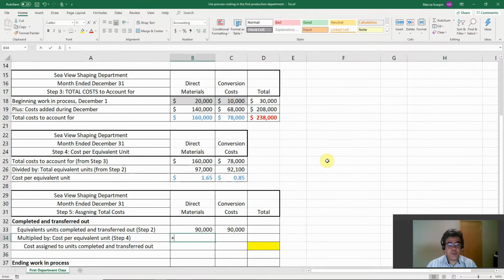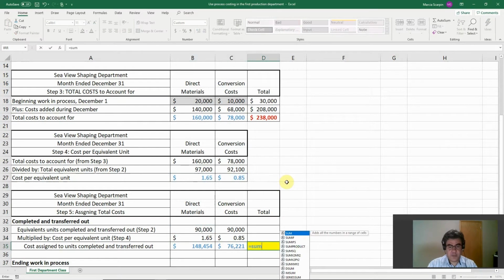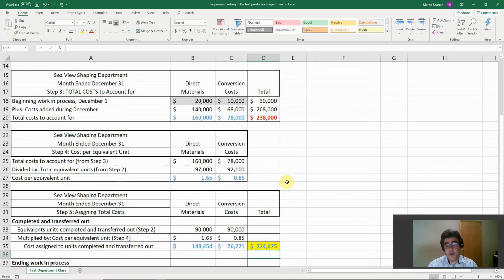Multiply by cost per equivalent unit for direct materials, 1.65. For conversion cost, 85. Equals cost assigned to units, 90 times 1.65. And we copy and paste this formula for conversion cost. The total cost is both combined, direct materials plus conversion cost, 220 for 675.